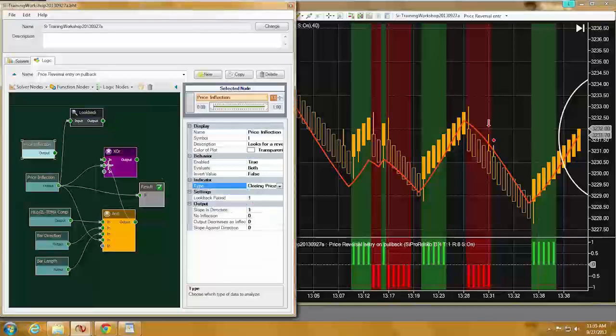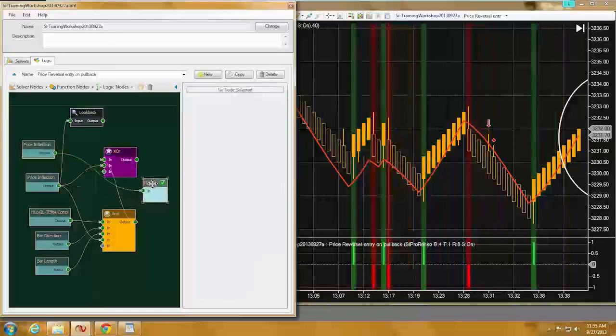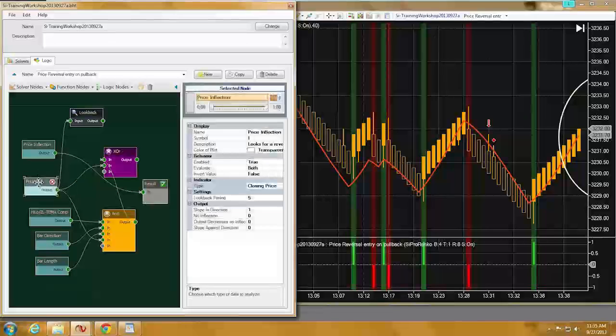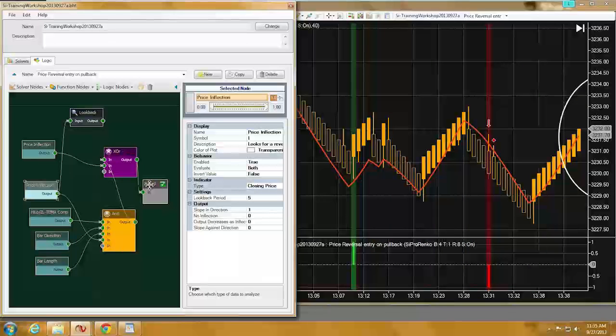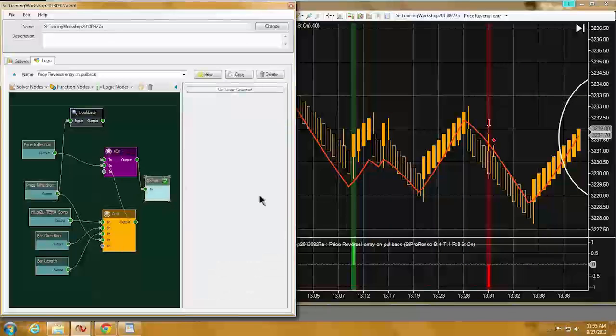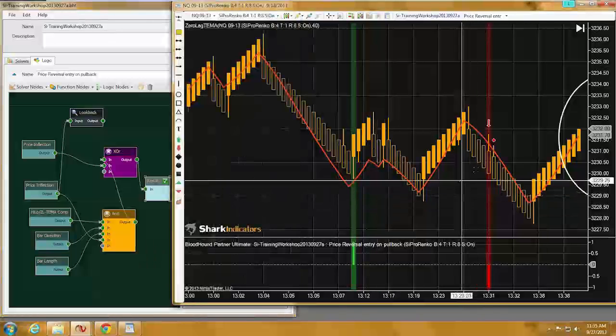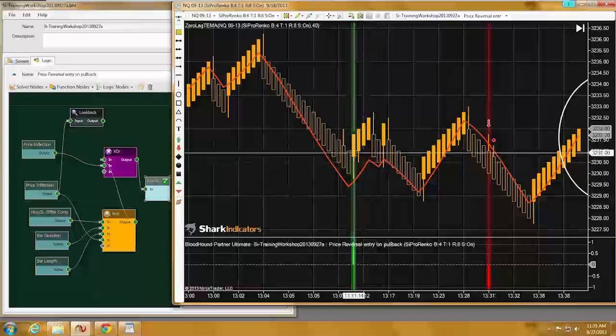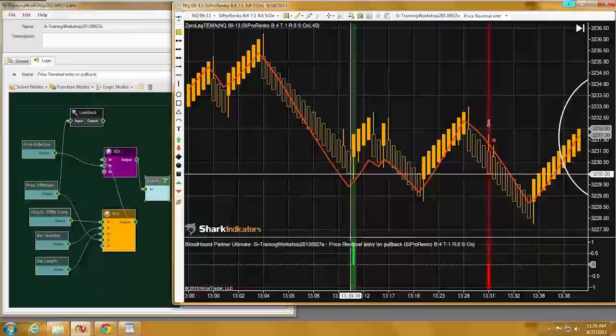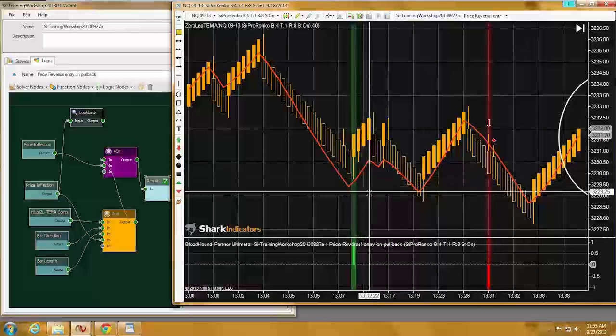Let me change this over to the closing price. Okay, there we go, that looks correct. So I'm going to disconnect this inflection solver, reconnect this one in, and cross my fingers. All right, it's working pretty good, all except this signal here. So what is going on?